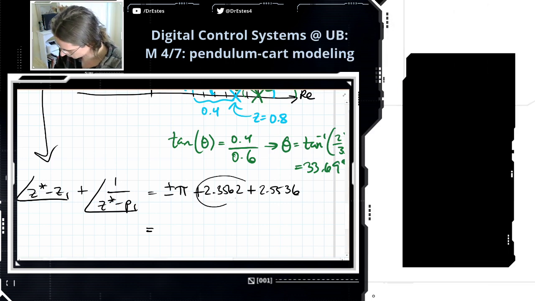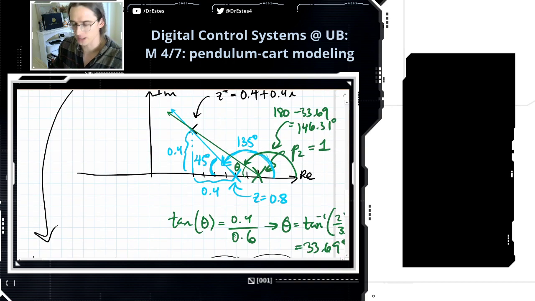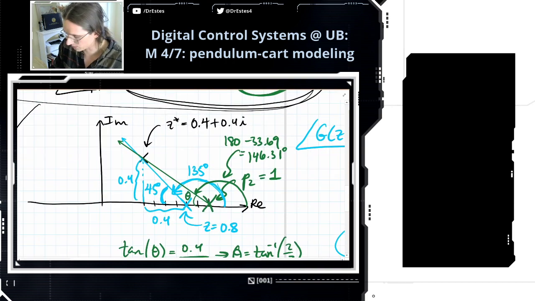Because I calculated these angles here, they are positive angles graphically, but a pole contributes a negative angle using this graphical method.